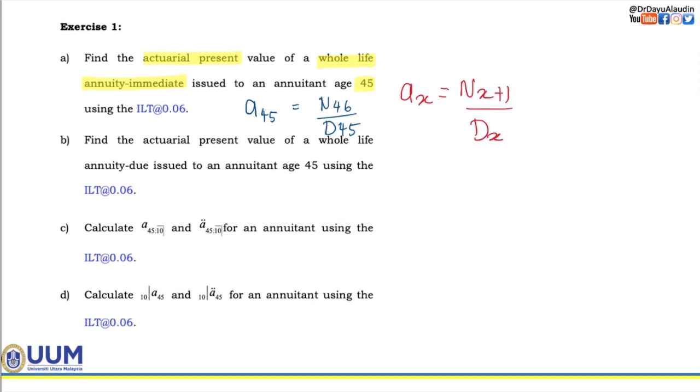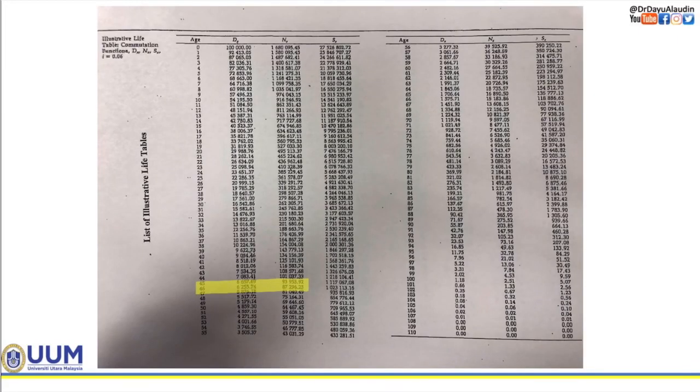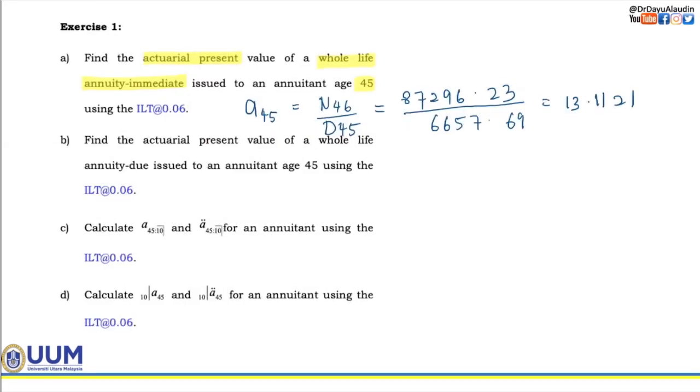Then we refer to the table for N_46 and D_45. Then we plug into the equation and we get this one.